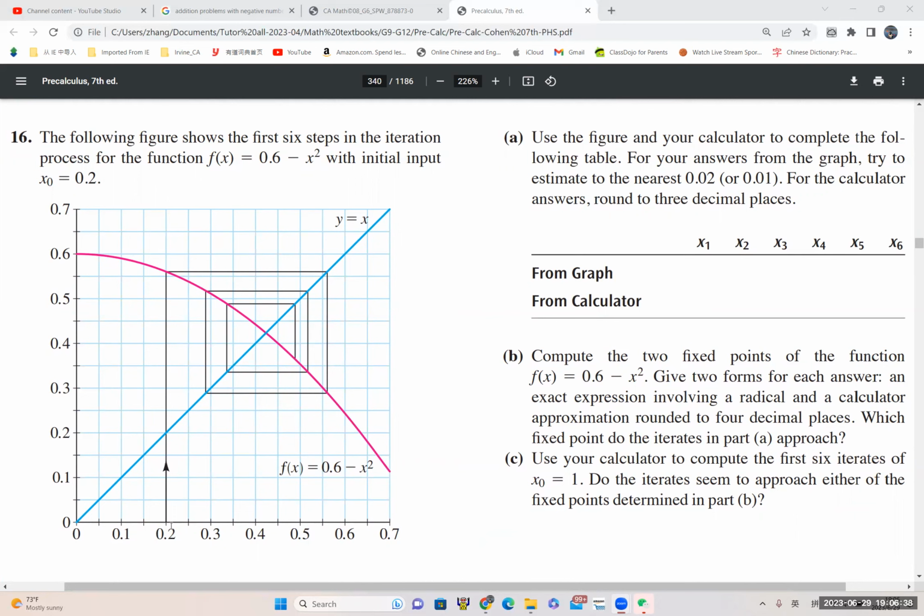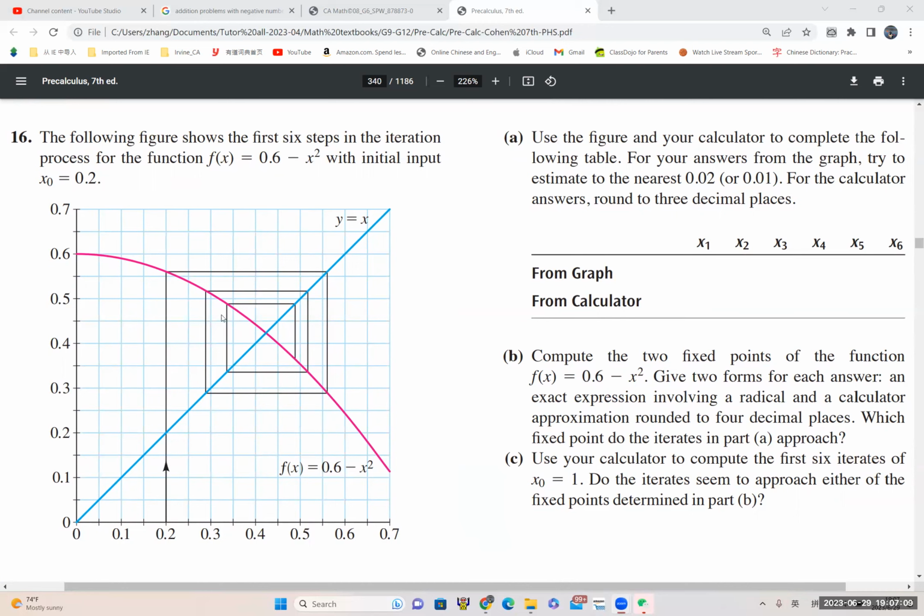From this, we can get f of x. Then go here. As this is y equal to x, you can call this y or x because they are the same, right? Then use this x again as input to find a new y.